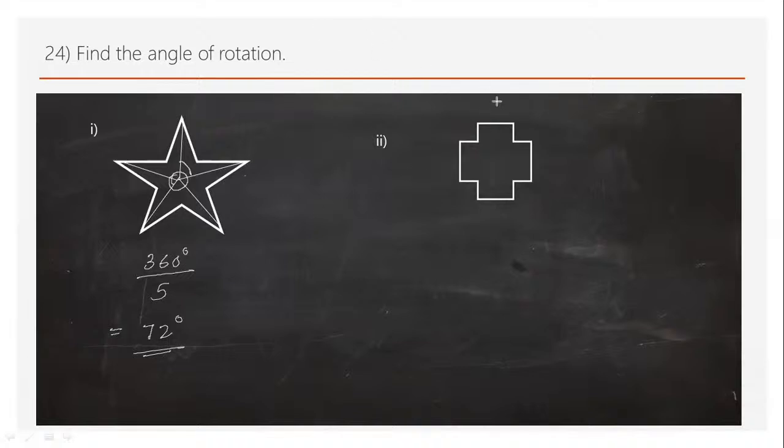This one: 1, 2, 3, 4. Then you can divide 360 by 4, that is 90.